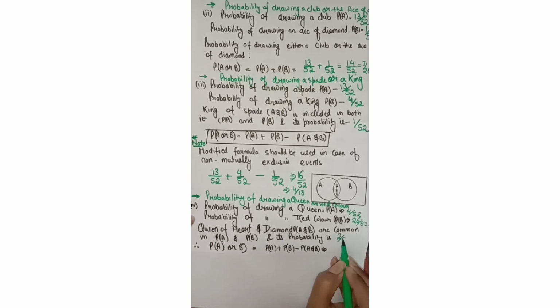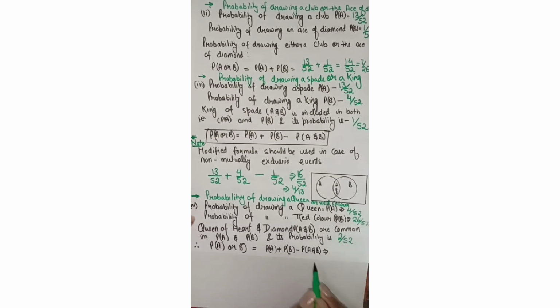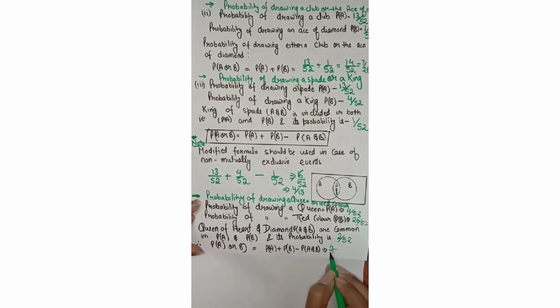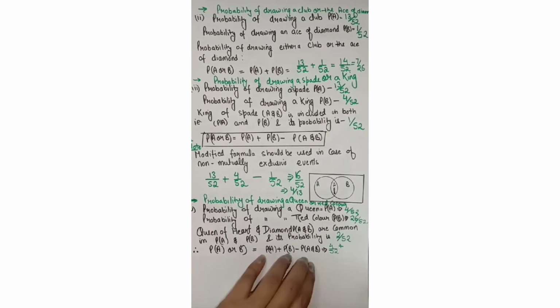So its probability would be 2 by 52. So we are simply going to put these things in our formula, and you are going to get 4 by 52. I hope this is clear.